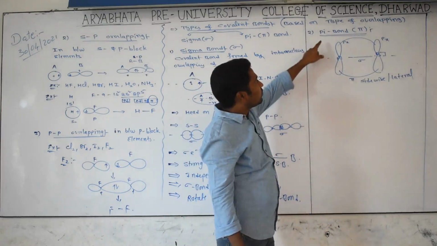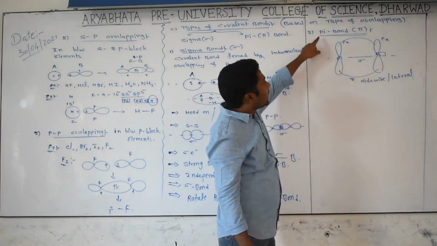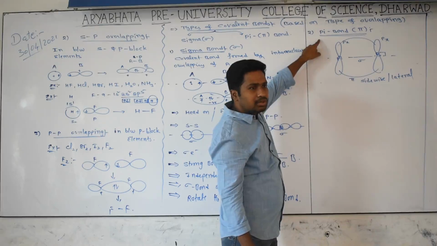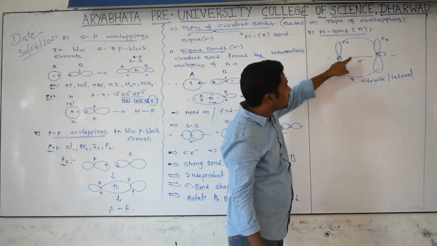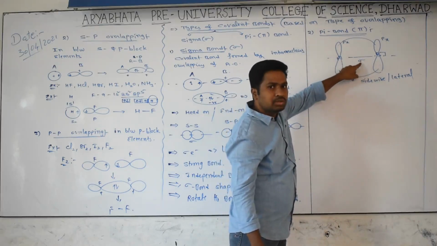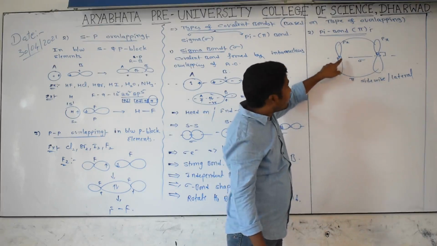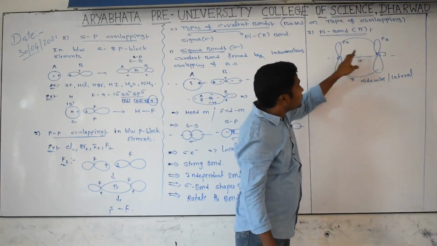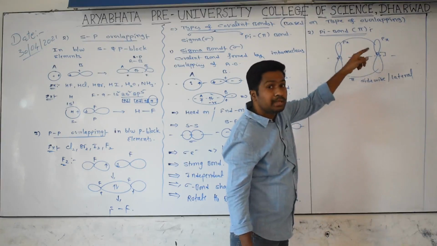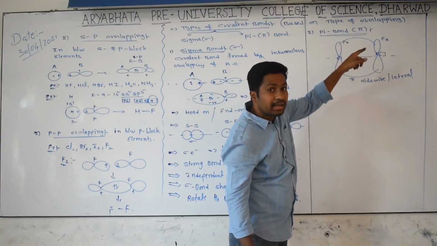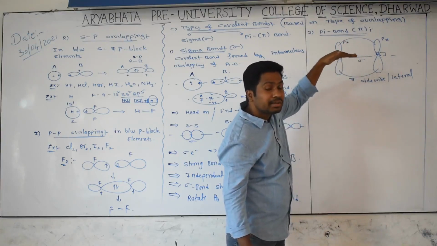Now listen carefully. A pi bond is a covalent bond formed when atoms are already connected through a sigma bond, and the atoms have some valence shell orbitals that are parallel to each other and perpendicular to the sigma bonded plane. Then they undergo sidewise, lateral or parallel overlapping to form a covalent bond called a pi bond. A and B atoms are already connected by a sigma bond, and one more bond we get is the pi bond. This pi bond is formed by p-p overlapping, p-d overlapping or d-d overlapping. If you take a d orbital and a d orbital, they should be parallel to each other and perpendicular to the sigma bonded plane.